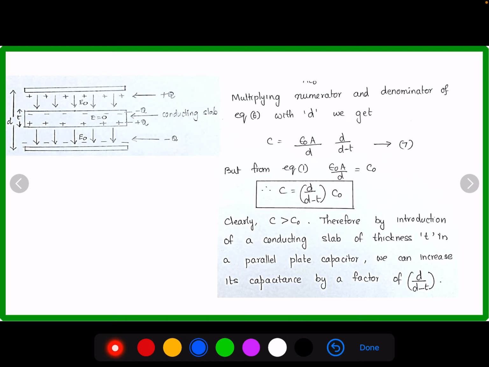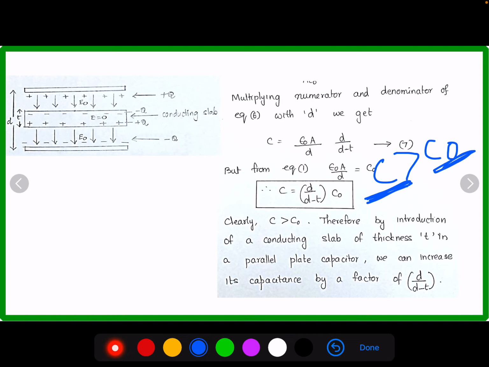Therefore, what we will get finally, the capacitance of a parallel plate capacitor with the conducting slab in between the plates, C is equal to C naught into D by D minus T. So clearly you can see from this equation, C is greater than C naught. C means capacitance of the parallel plate capacitor with conducting slab.